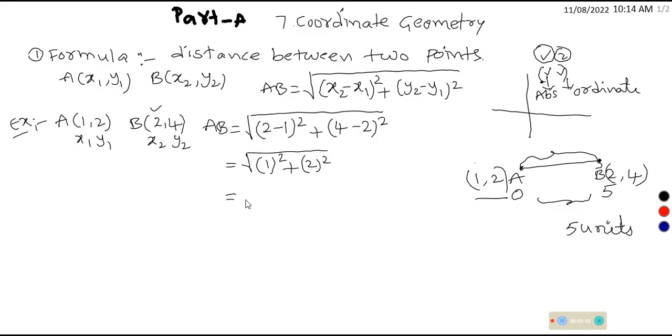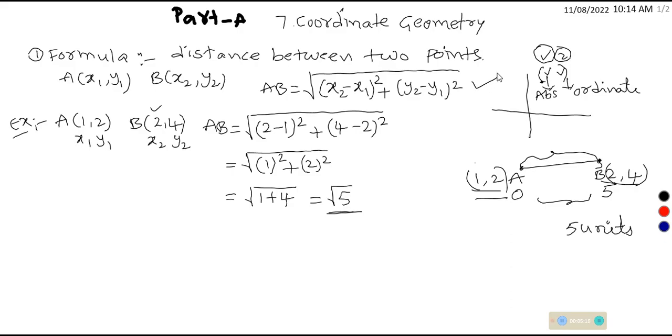Now it is equal to 1 square will be 1, 2 square will be 4, that is root 5 will be the distance between A and B. If we are given 2 points like this, what will be the distance between these 2 points? Root 5. I hope you all understand how to find the distance between any 2 points in the 2-dimensional coordinate system. So remember this formula.